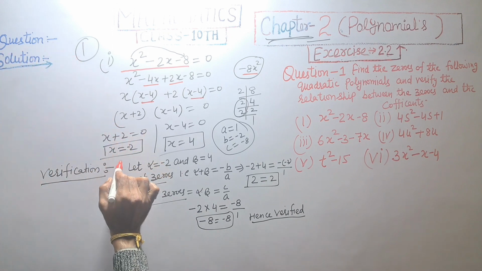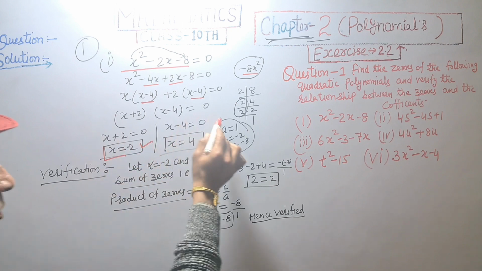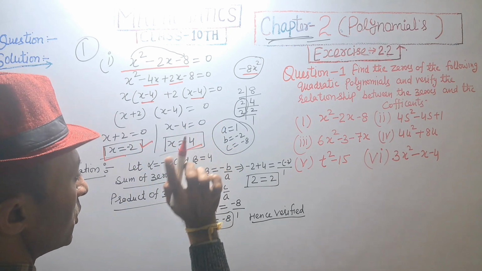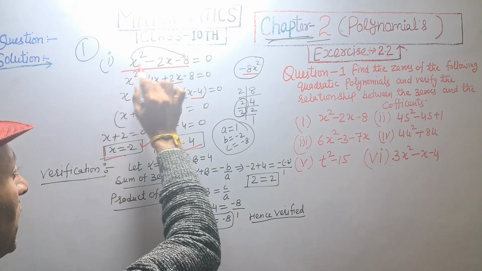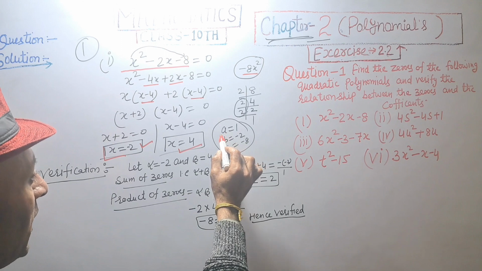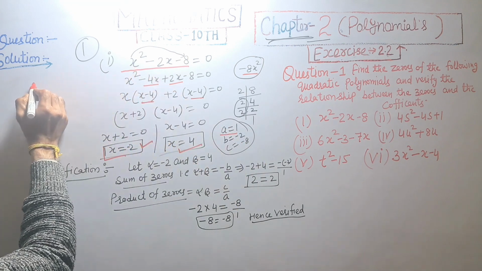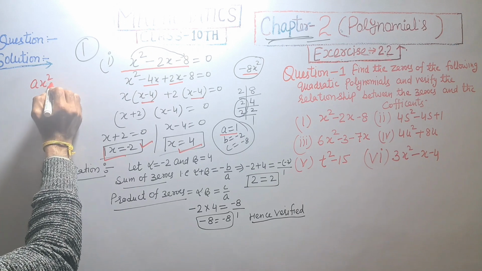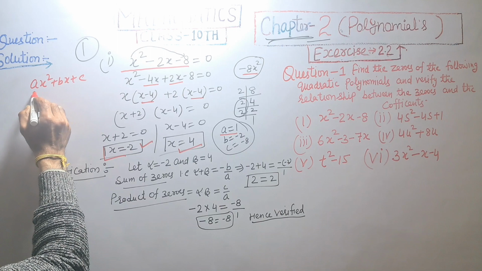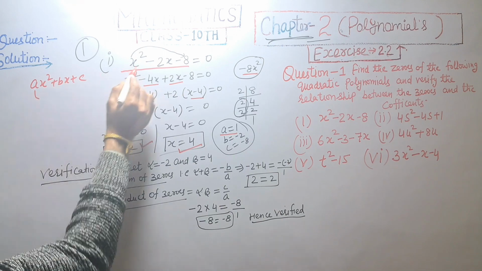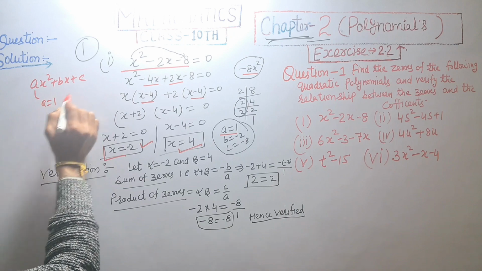x plus 2 equal to 0 means x equal to minus 2, and x minus 4 equal to 0 means x is equal to positive 4. And in the quadratic polynomial, comparing with ax square plus bx plus c, the coefficient of x square, a, is equal to 1.